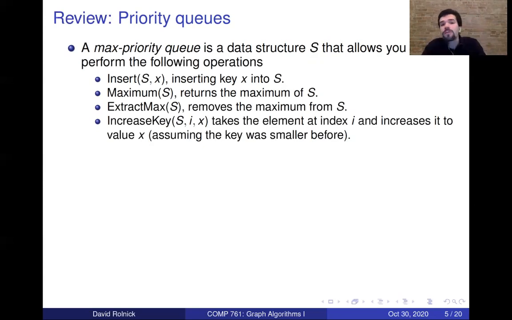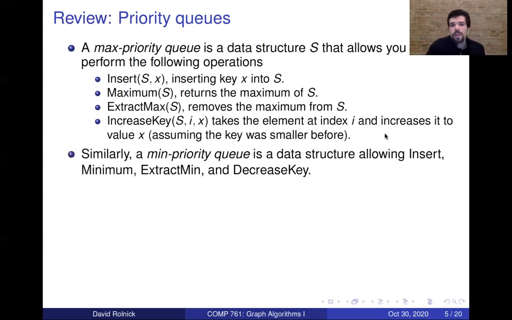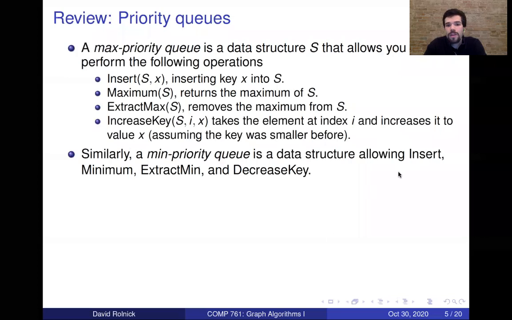You can take out the maximum, and you can increase a key within the data structure. And similarly, you can have a min priority queue, which is a data structure which allows you to insert, take the minimum, extract the minimum, and decrease a key.